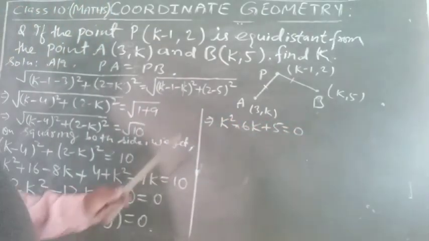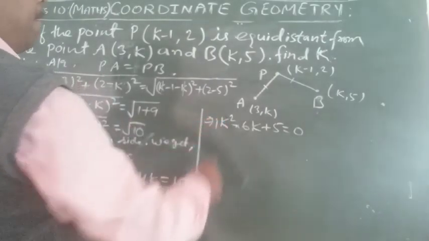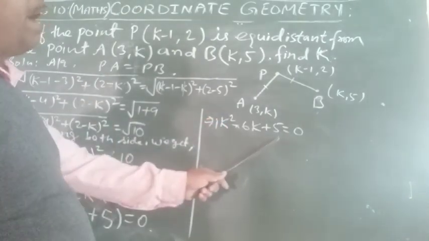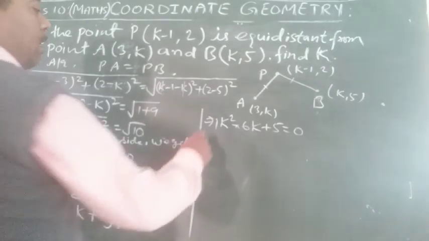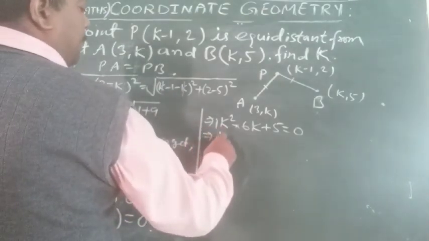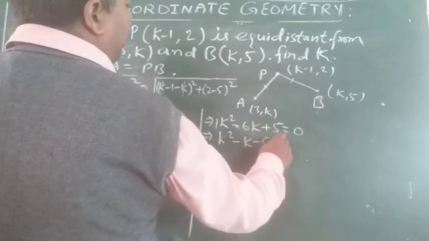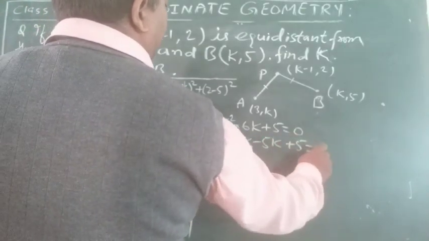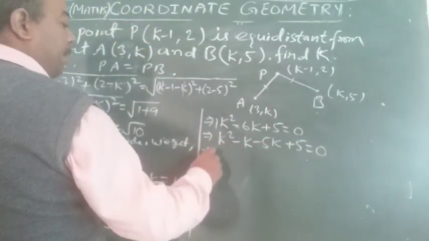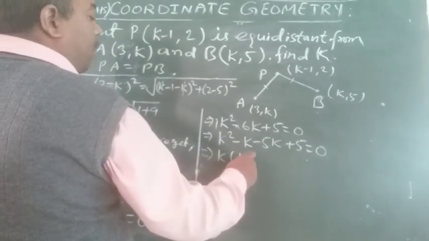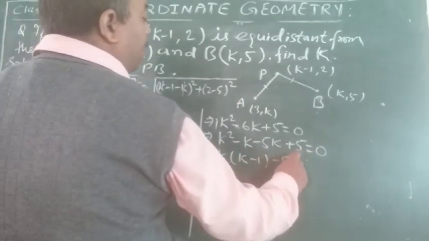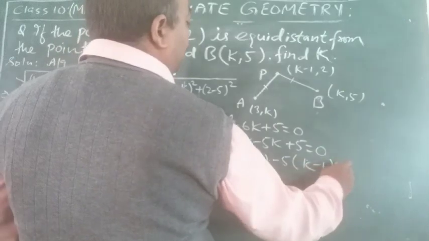Use the splitting of the middle term. It is 1, it is 5, 1 into 5, 5 and 1 is 6. So in the place of minus 6k, we can write minus 1k and minus 5k equal to 0. Take common k minus 1, minus 5 take common, k minus 1 equal to 0.